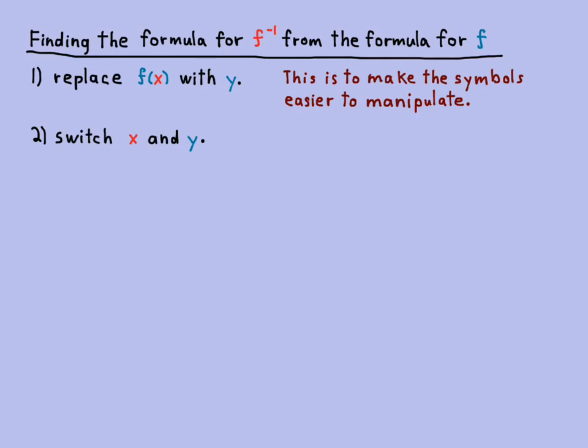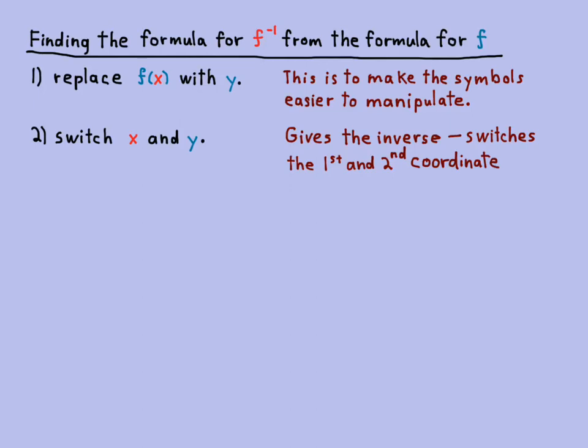There probably should be a y in only one place, though. But x you could have had in several places. This actually gives the inverse. It switches the first and second coordinates. So you could be a smart aleck and just leave it there, but I don't recommend that because you'll get it wrong. Technically, you'd be right, though, if you just left it, but they usually give you more instructions.